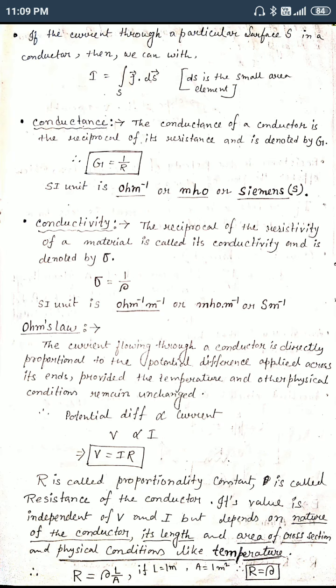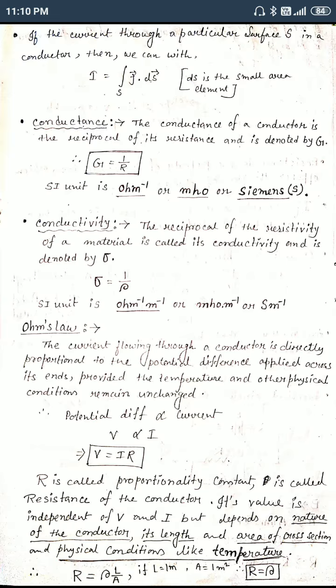Okay. So one difference between resistivity and resistance: the resistivity of a conductor is always the same and is independent of its length or area of cross section, but resistance depends on its length and area of cross section. Resistivity changes only when the temperature is changed.